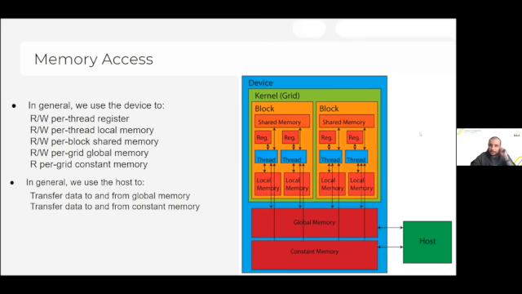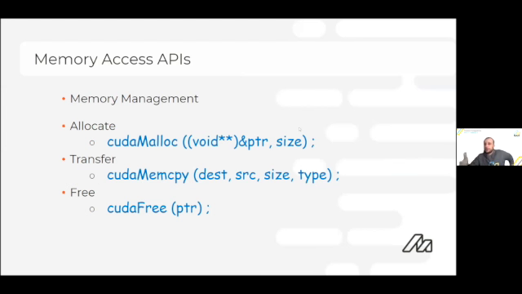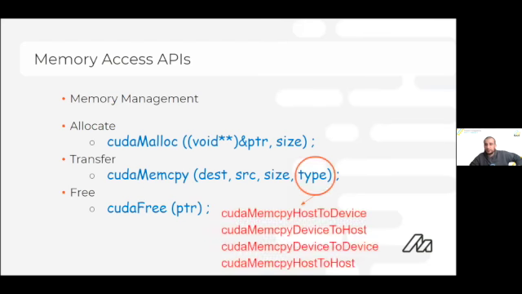But essentially, what you as a programmer see is you can initialize variables on the GPU's global memory through the CUDA malloc, and you can transfer data between memories by using the CUDA memcpy. You have the destination variable, the source variable, which is mostly a variable on the host or the CPU memory, or on the other devices.